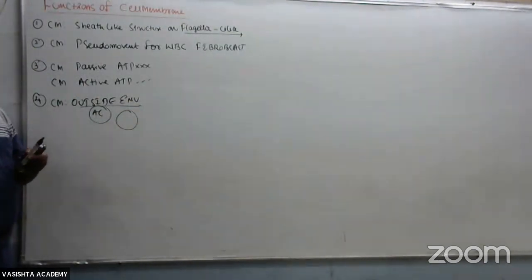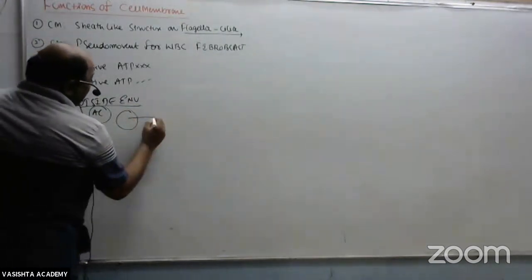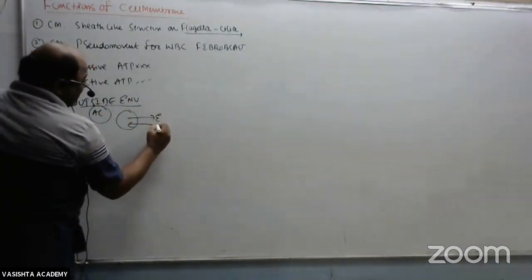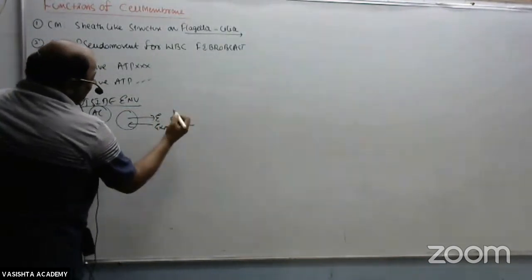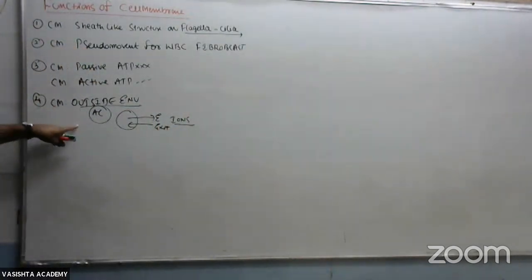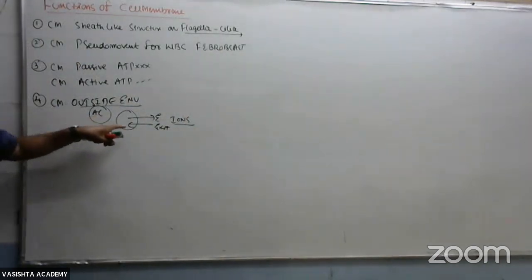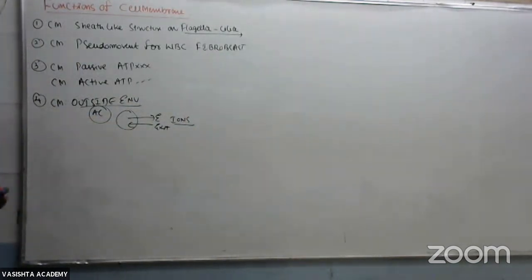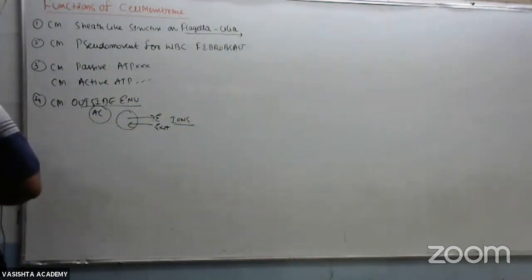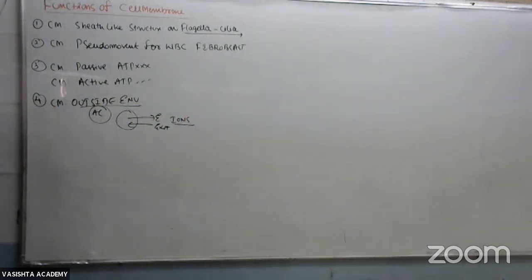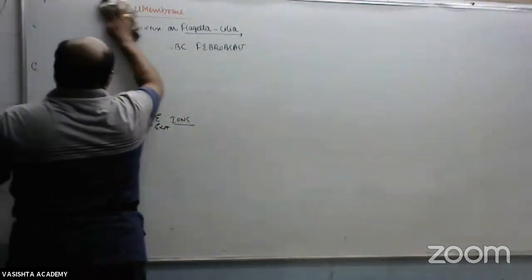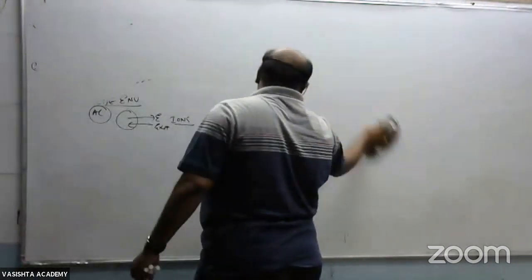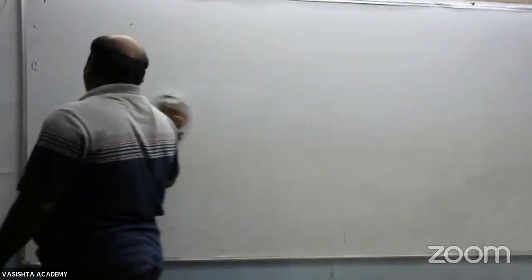Now the cell membrane is useful for the entry as well as exit of different kinds of ions which are involved in the metabolism process. So we have to take some proofs in active transport, whether they use ATP or not.